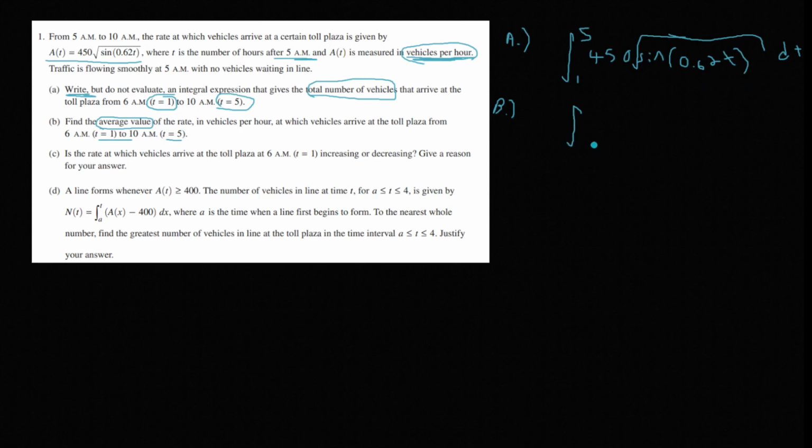This is a calculator question after all. So 1 to 5, and instead of rewriting the whole thing, I'm gonna write a of t dt, and average value is just multiplied by 1 over 5 minus 1, because the integral will tell you the total value, and then we divide by the length.